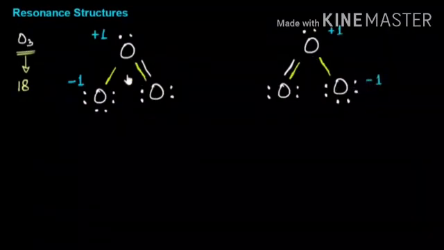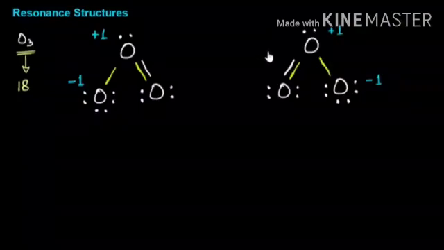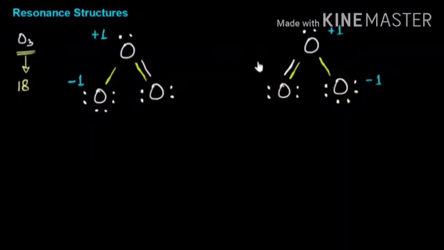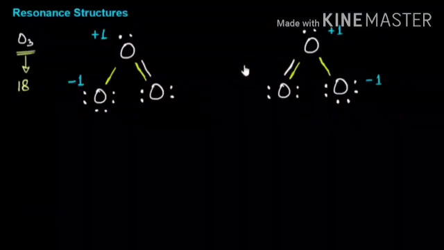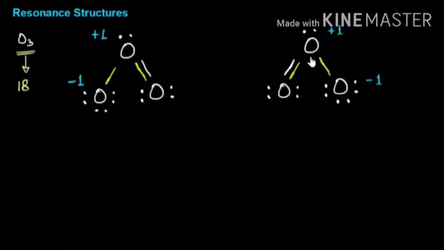These two structures are similar to each other, there is no difference in the surrounding oxygens. These structures are known as resonance or resonating structures. They are similar to each other and have the same energy.